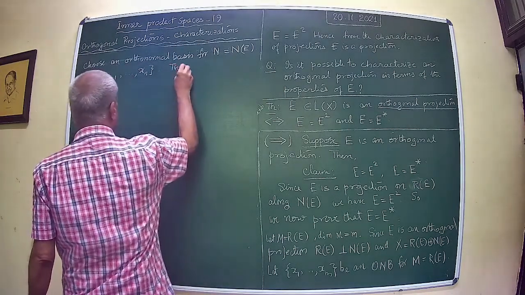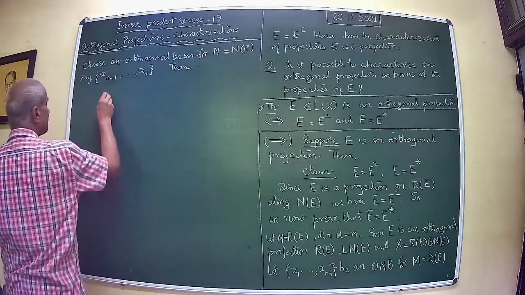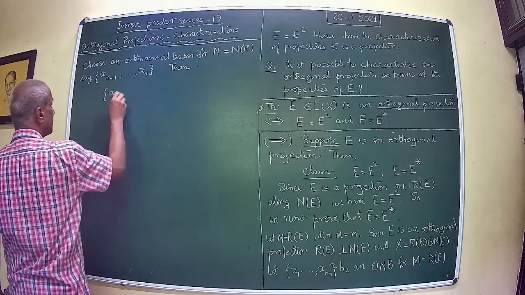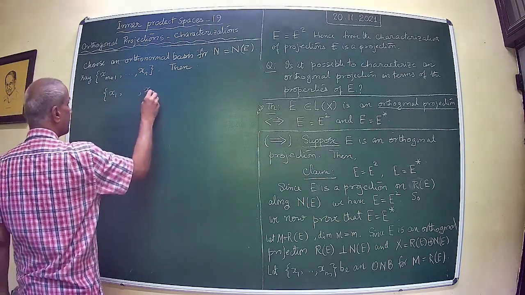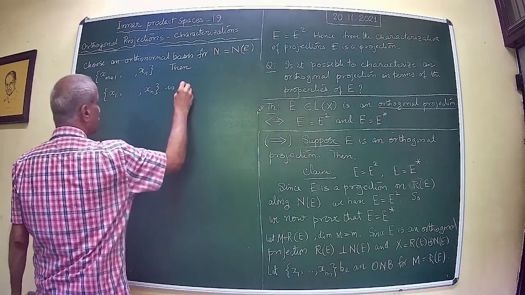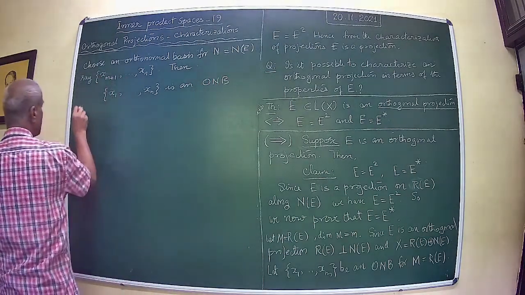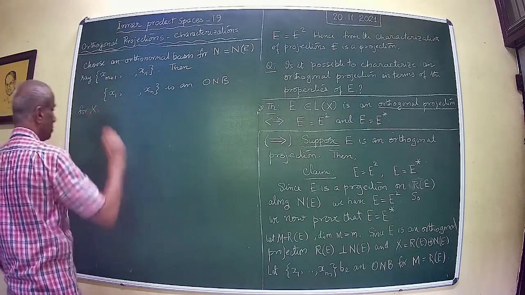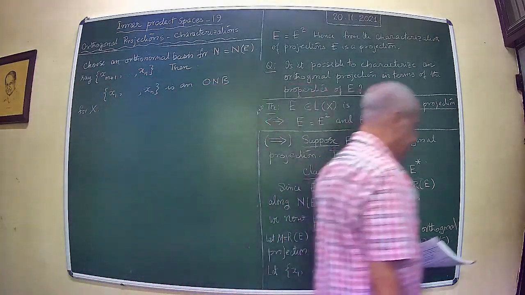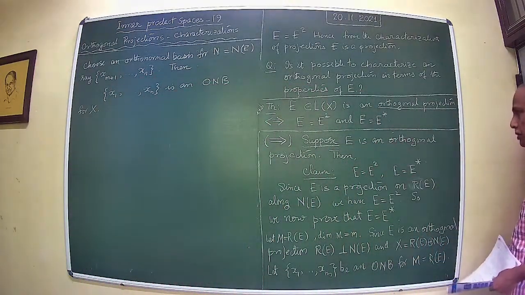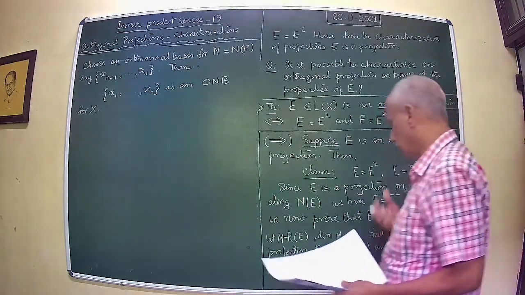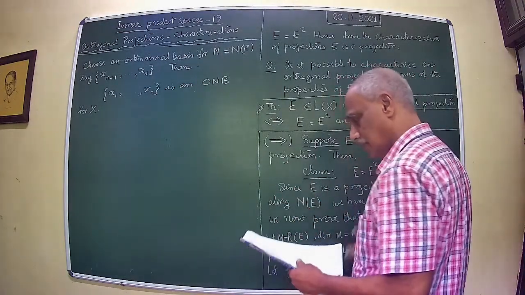Then the first observation is that we have an orthonormal basis for X constructed out of the orthonormal basis chosen for the range of E and the null space of E.